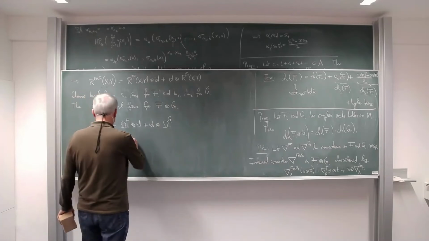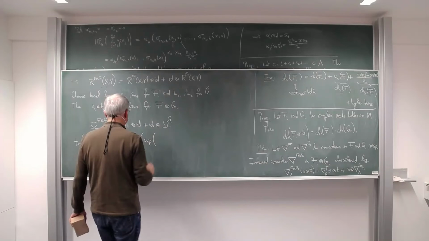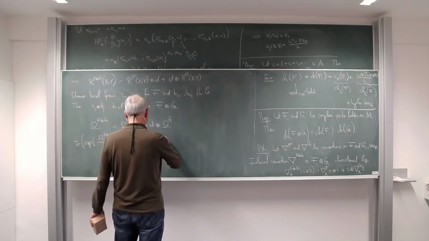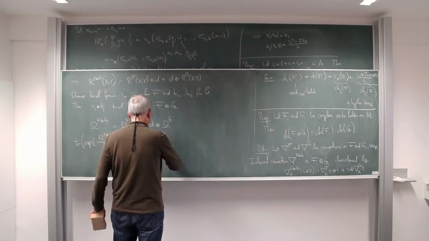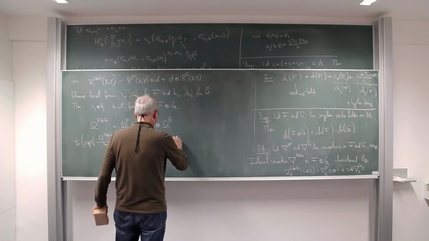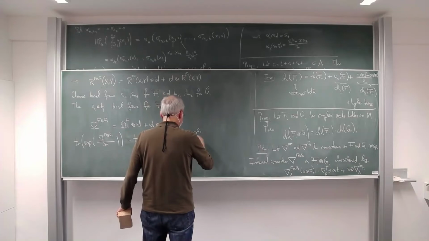So what would that be? It's the trace of the exponential series applied to this: omega F divided by 2 pi i tensor identity plus identity tensor omega G.